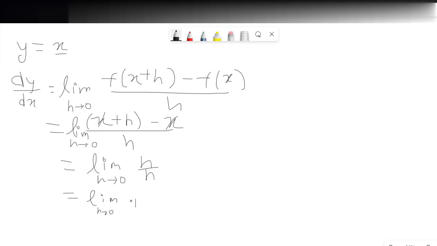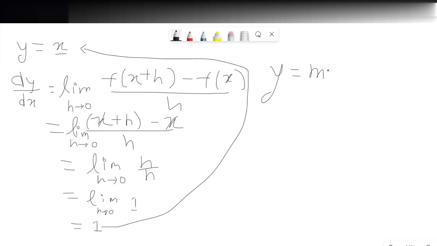And since there are no h variables, you can simply place the value of h as 0 and you will get 1, which is actually the gradient of this line, as the equation of a straight line is given as y equals mx plus c, where m is the gradient and c is the y-intercept.